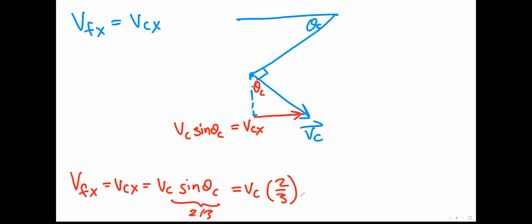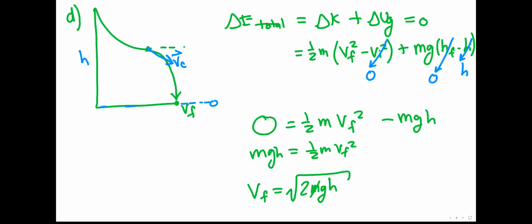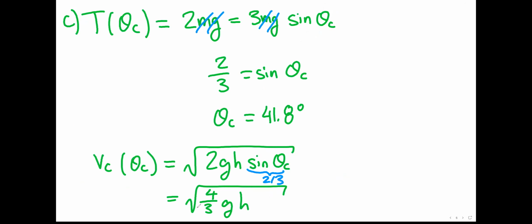So great, we have this. And then we also know VC. We calculated that: VC equals the square root of 4/3 GH.